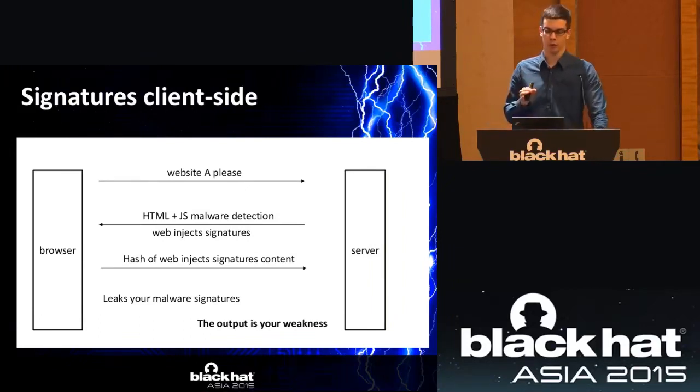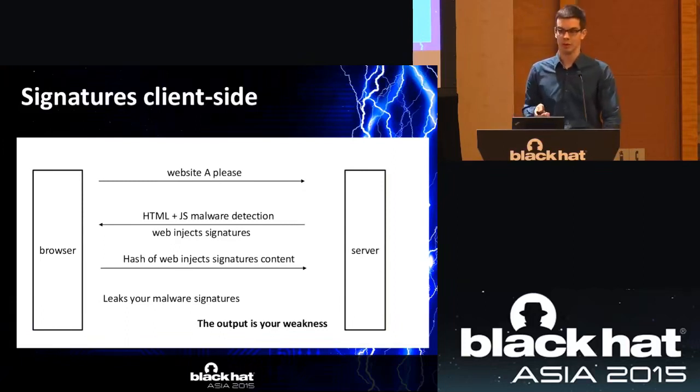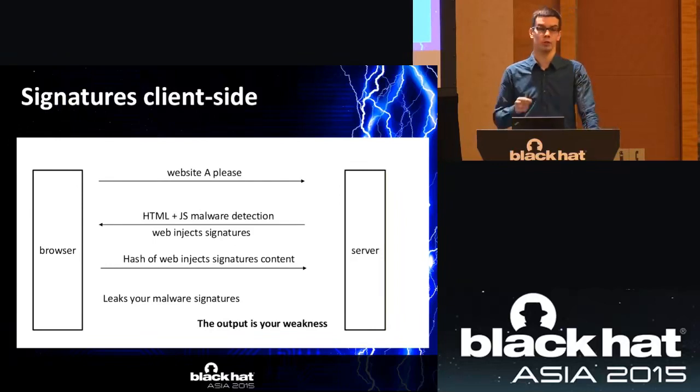So we were able to isolate the code responsible for actually running the signature check, cut it out, and simply take the initial values and send them back to the server. So we could quite easily bypass the solution, no matter if we had malware or not, and it was still reporting to the server. So here the output is your weakness. I think this is a problem with how those solutions should work.